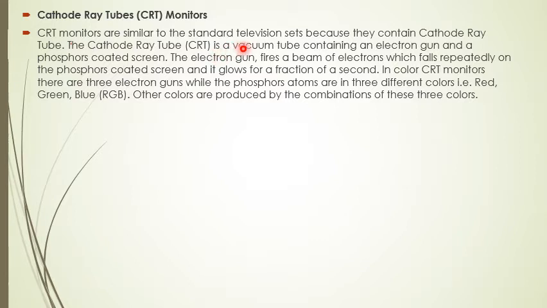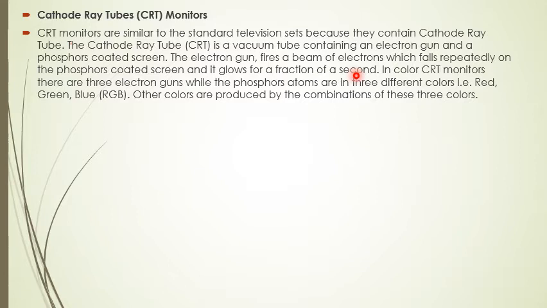It contains an electron gun, and at the front we have a phosphorus coated screen. The gun fires a beam of electrons which falls repeatedly on the phosphorus coated screen, and it will glow for a fraction of a second.